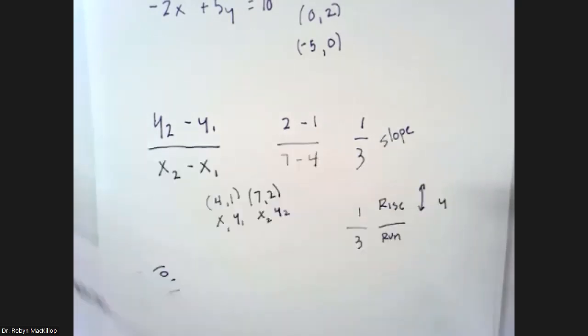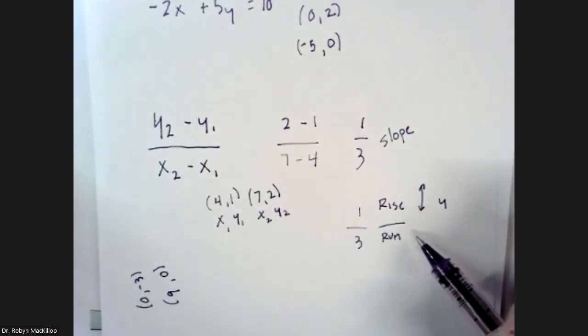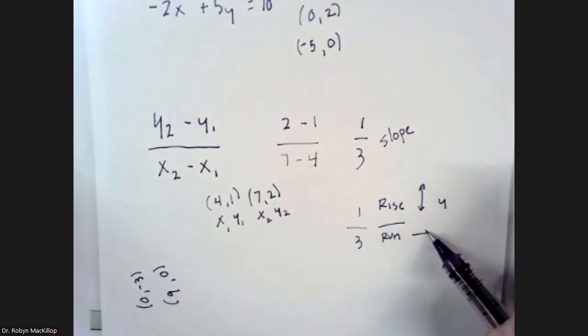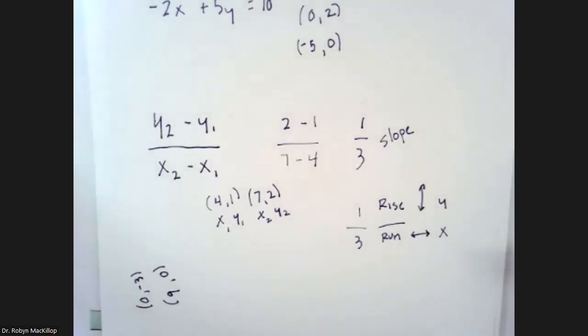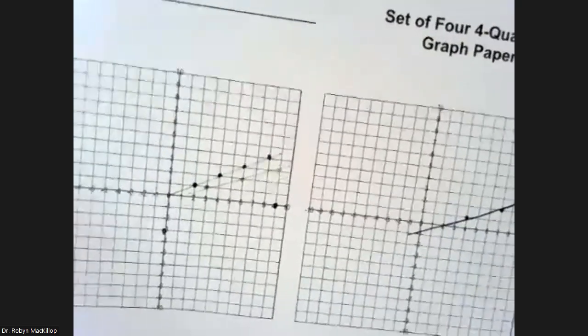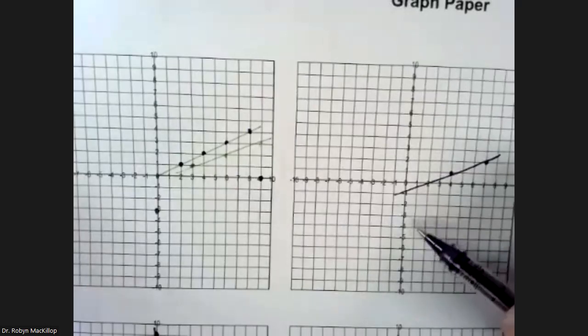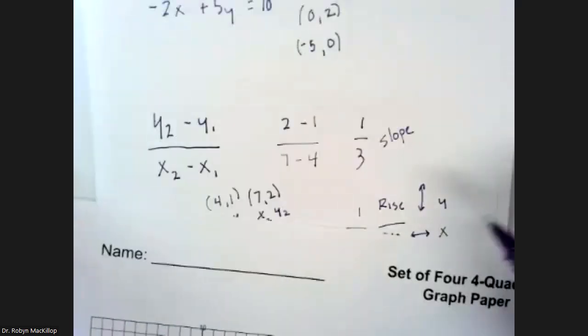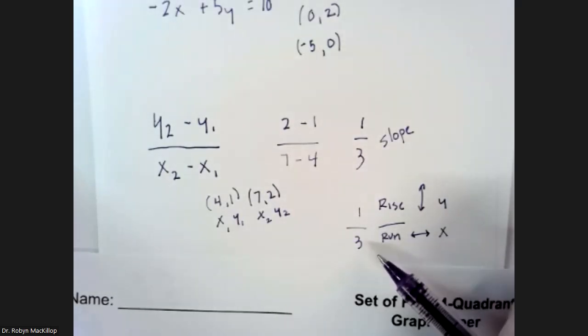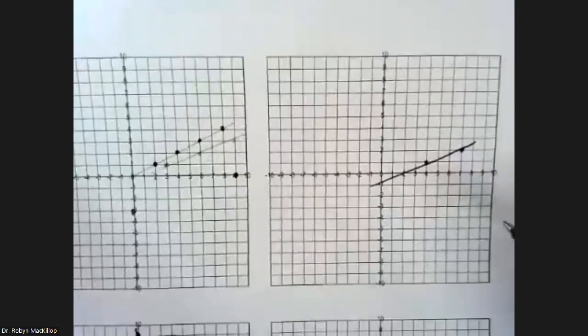And run goes sideways, like the x-axis, right? So rise up and down, run across. They said we've got 1/3 for our slope.